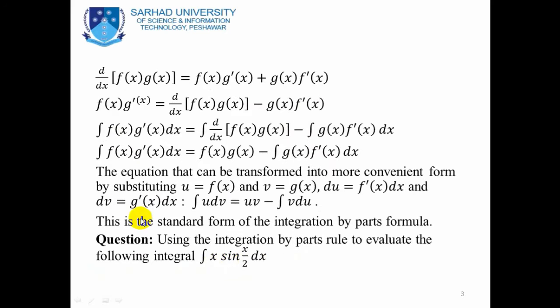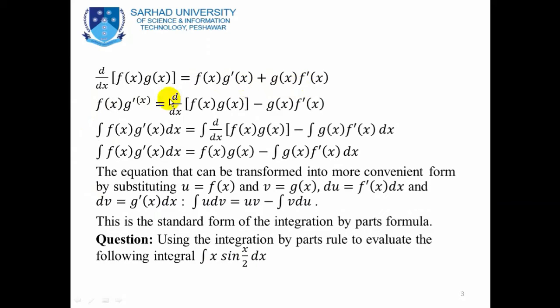Now we obtain the derivative of the product of two functions f and g is equal to f into g prime, where g prime means the derivative of the g function, which we consider here as the second function, plus g into f prime of x, where f prime means the derivative of the first function f.